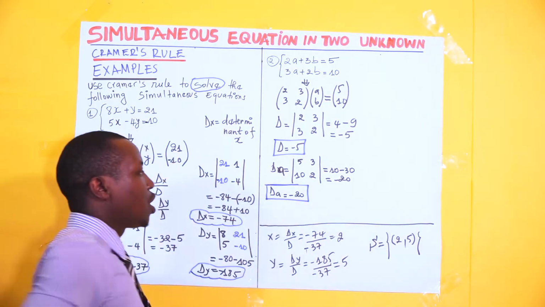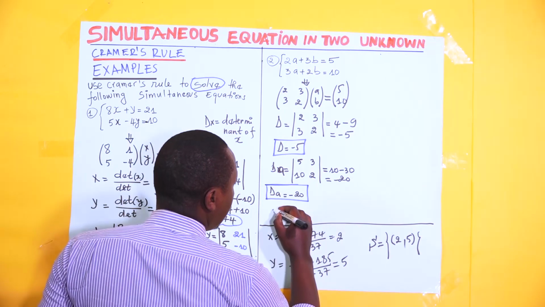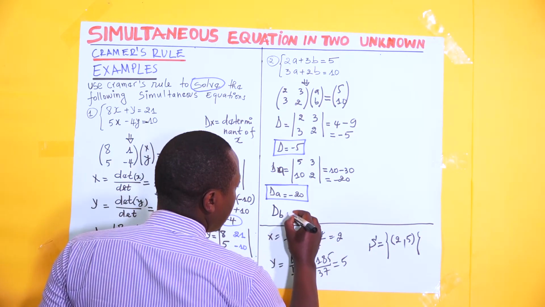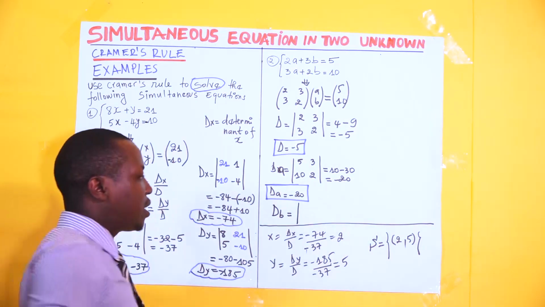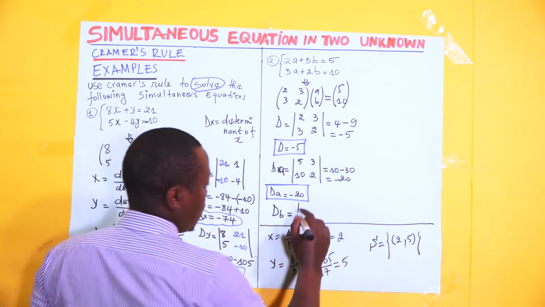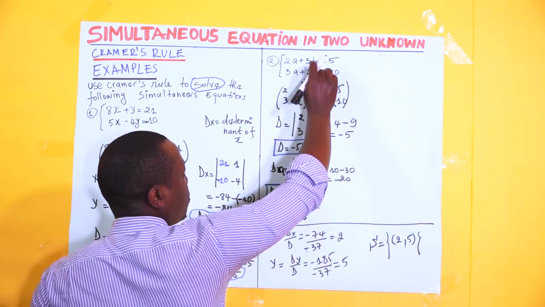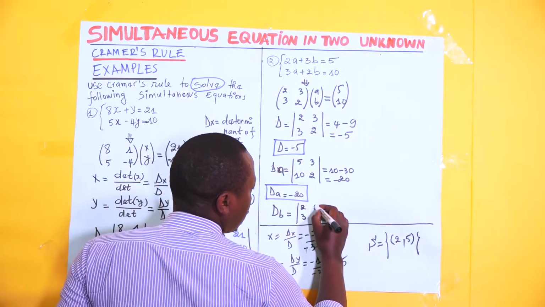Okay? So we are going to find the determinant for b. dB equals what? We write the coefficients for a, which are 2 and 3. Then we substitute the ones for b by 5 and 10.